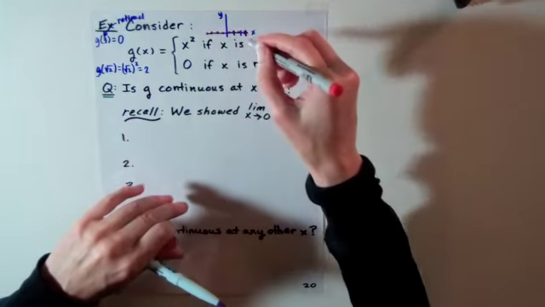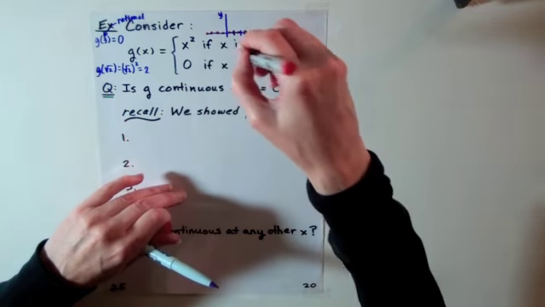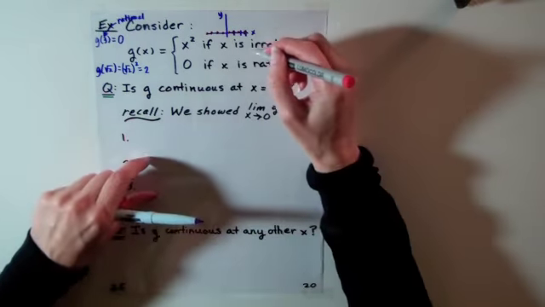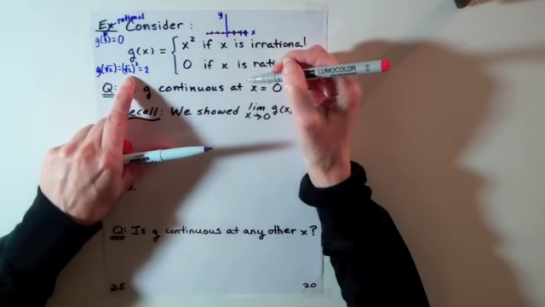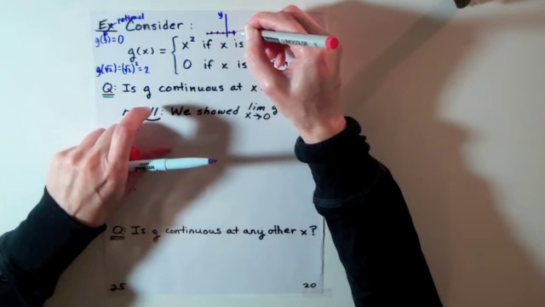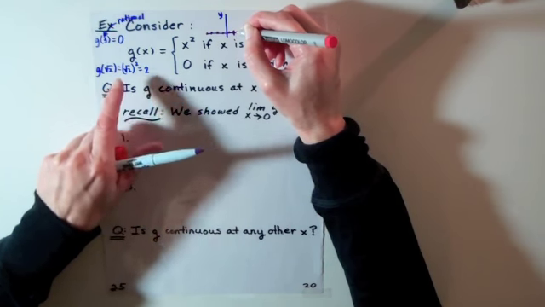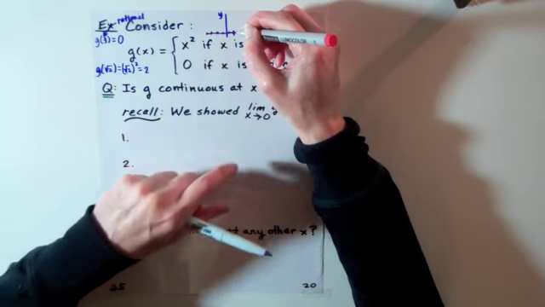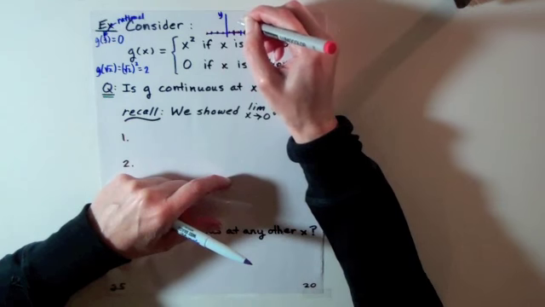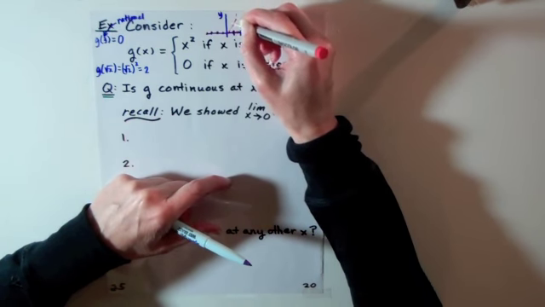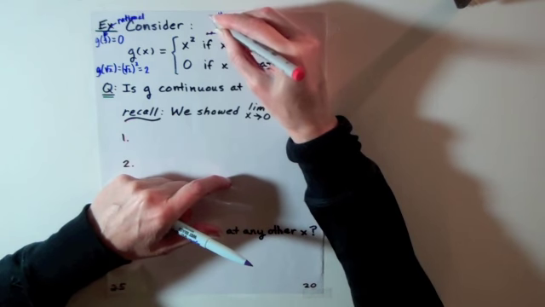Every time I have a rational input, my point is going to be right on the x-axis. On the other hand, for anything that's irrational, for example, root 2, which would be maybe right about here on the x-axis, I have to use the function y equals x squared to determine the output value. So I get an output value that's somewhere along that parabola y equals x squared.